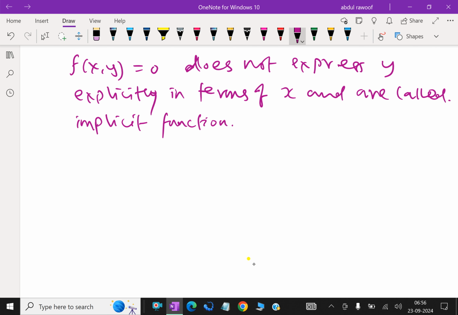That means, by differentiation, you can say fx dx plus fy dy equal 0.